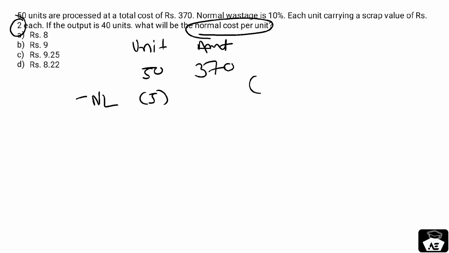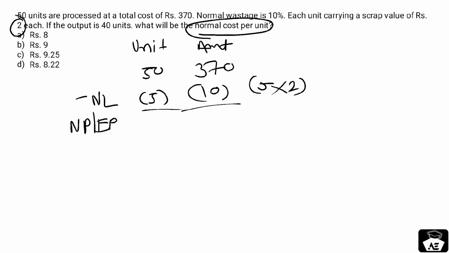So total your normal loss, that is 5 units into rupees 2, it will be 10. That will be your scrap. So if you deduct, your normal production, or you can say your expected production in units will be 45 and in amount will be 360.